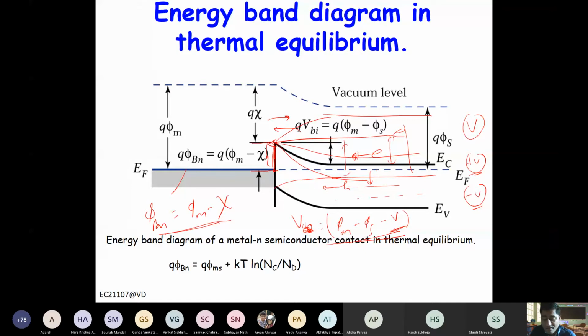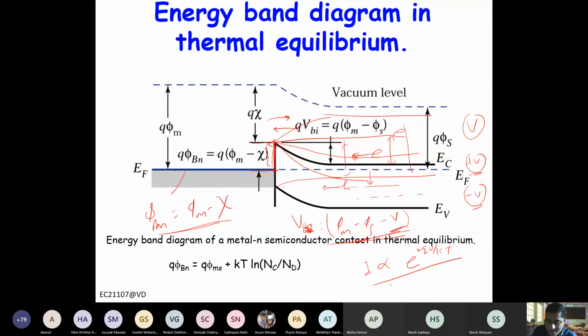And when you apply a reverse bias, this barrier will increase. So now fewer electrons will be able to move from semiconductor to metal. So you will basically get a very similar type of current equation. I will be some kind of coefficient times exponential minus QV by KT.